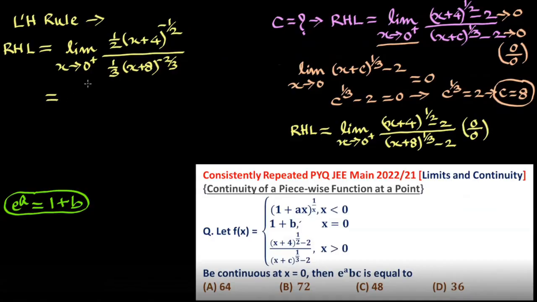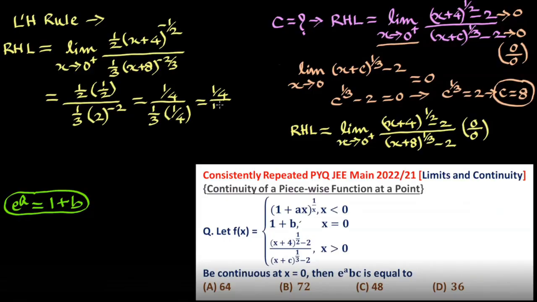Taking limits, (1/2) into 4^(-1/2) is 1/4, upon (1/3) into 8^(-2/3), which is the cube root of 8 to the power minus 2, 1/4, so (1/3) into (1/4), which gives 1/4 upon 1/12, that is 3. So the right hand limit is 3.